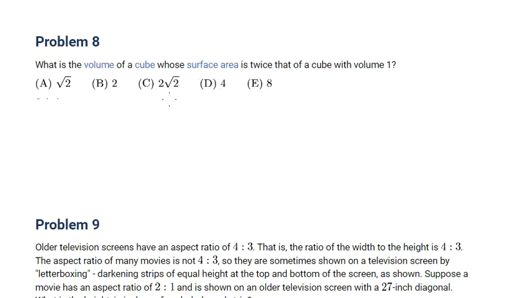So the base dimensions would be this. Surface area is twice. This is the base, then the edge length will be √2. So the volume will be... Anyways, next question.